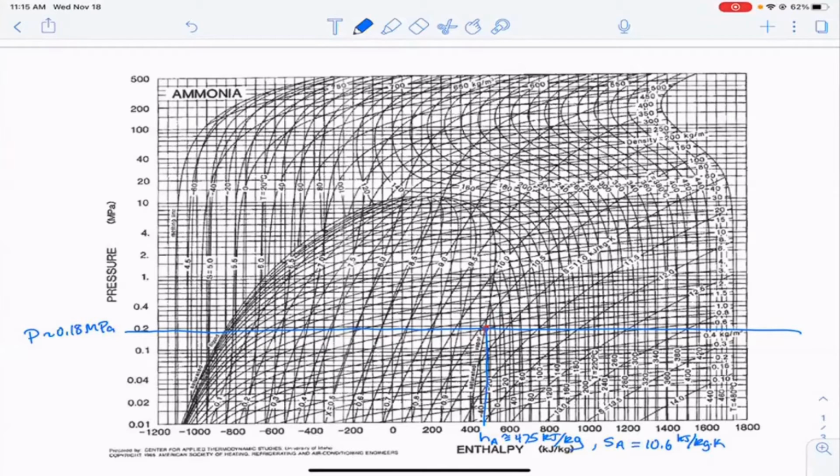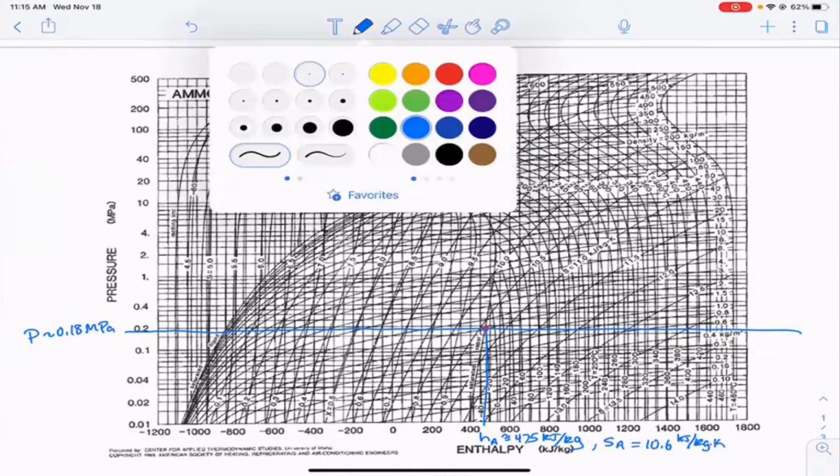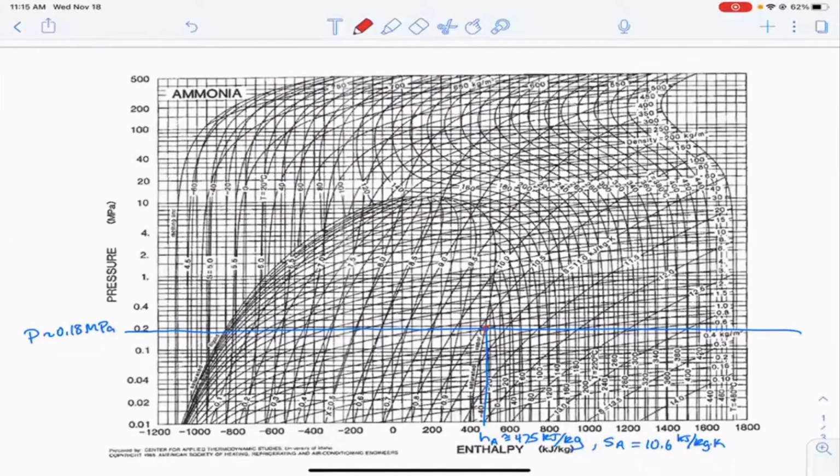And the next thing that we know for sure is the state at C, right? So we know that we're saturated liquid at 80 C. And so we can find that up here. And here's the line for 80 C. So I'll follow that straight down and place the dot right there on that line. And we can do the exact same thing that we did just a second ago. If I draw a straight horizontal line, sorry, let me retry that.